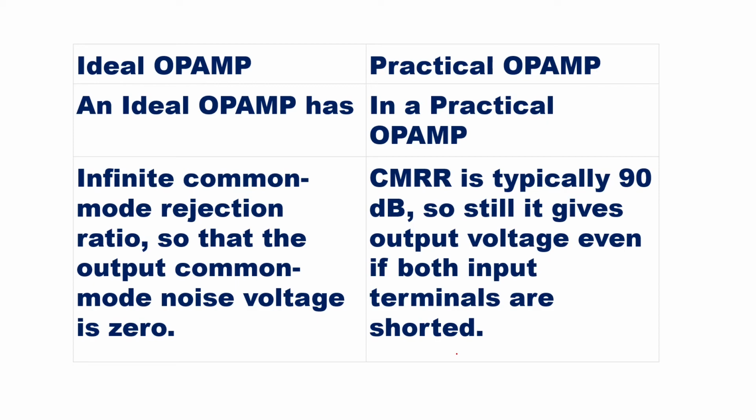That means if both input terminals have the same inputs, there will be some voltage practically. And that shows that its common mode rejection capability is around 90 decibels. Whereas ideally, it should not give any voltage when both inputs are the same. Ideally, infinite CMRR should be there.